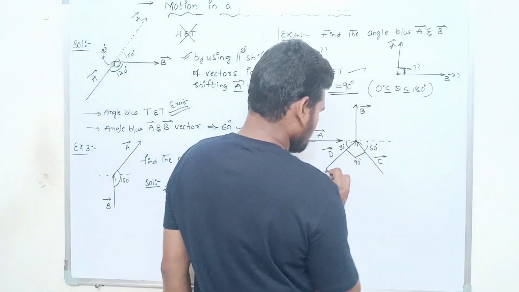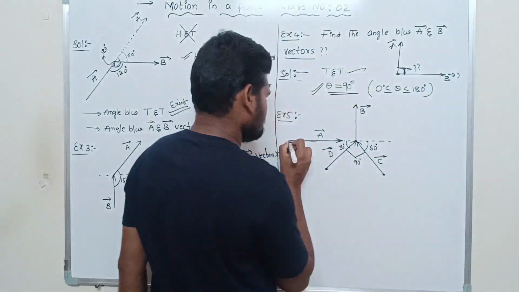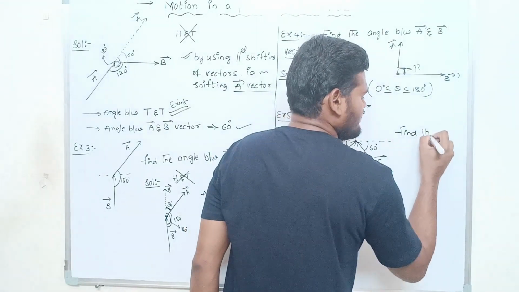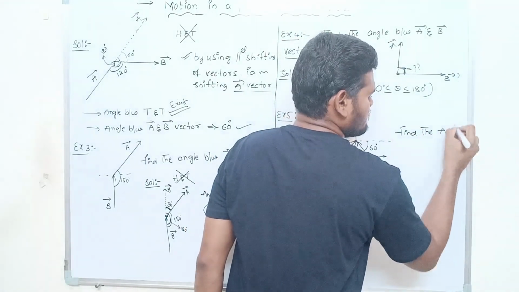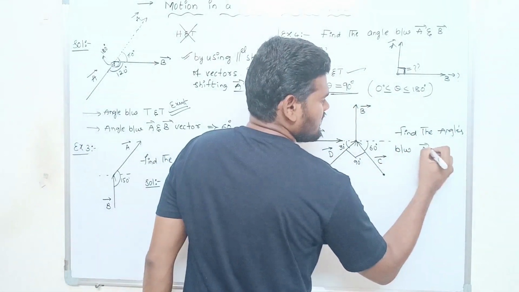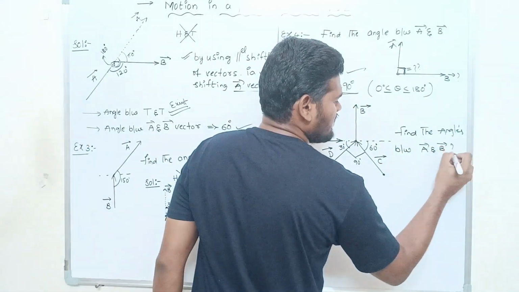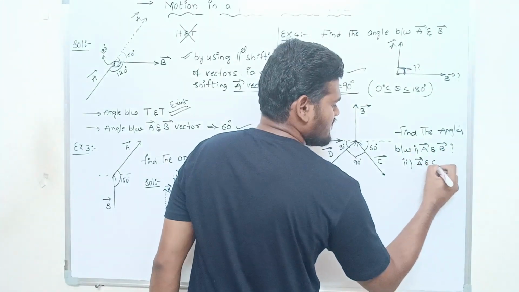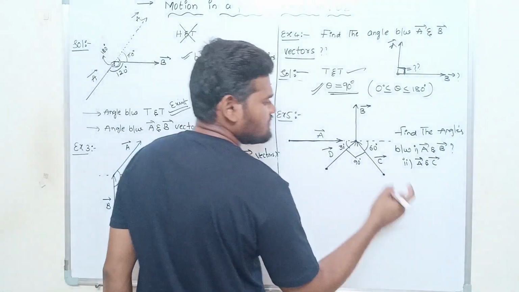Right. So the question is this. These are the tails now. Find out the angles between a bar and b bar, first one. Second one, a bar and c bar.